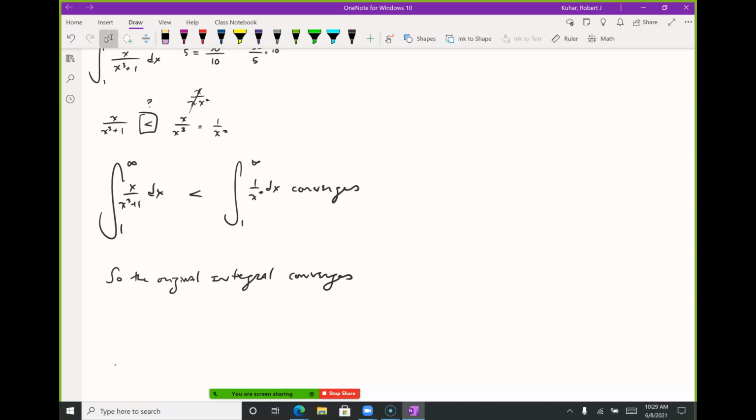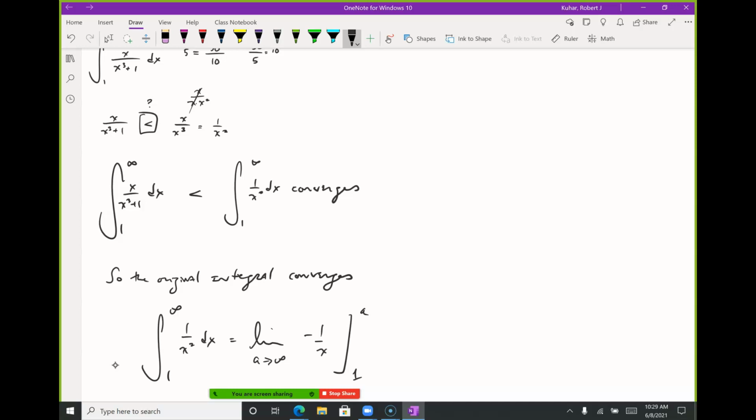So let's just show this one converges real quick, right? The integral from 1 to infinity of 1 over x squared dx. I know I need a limit, but I can also do the integral right away, right? So this is the limit as a goes to infinity of negative 1 over x evaluated at a and then 1. Yes, I did that integral fast, but do the derivative for me and you'll agree, right?